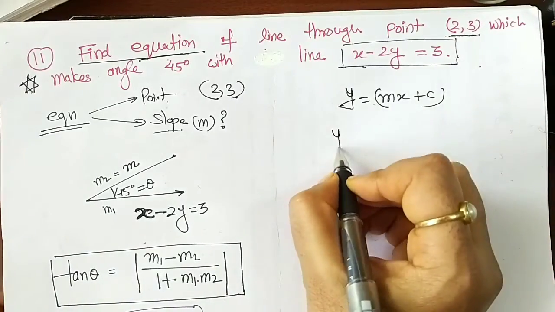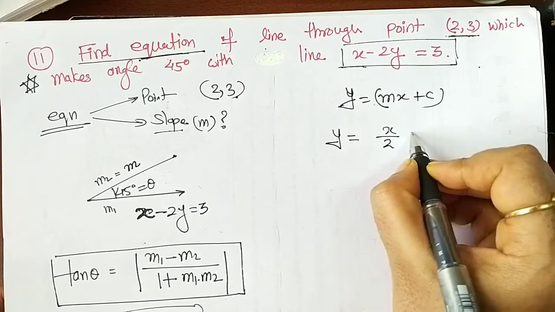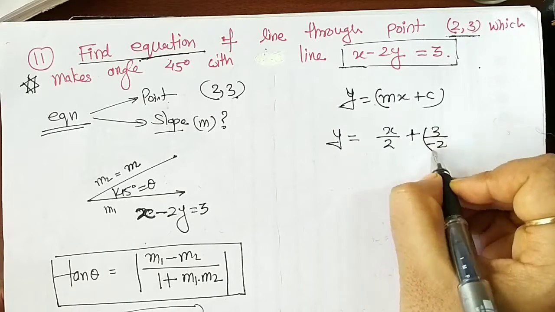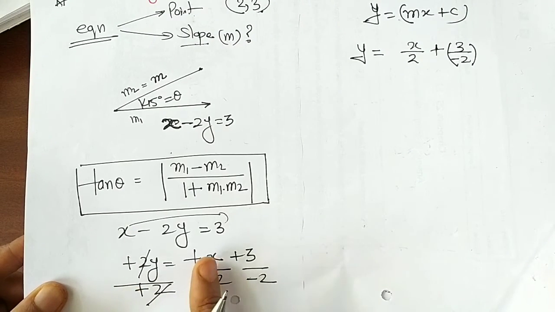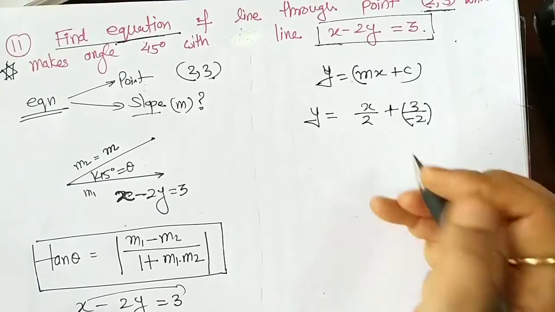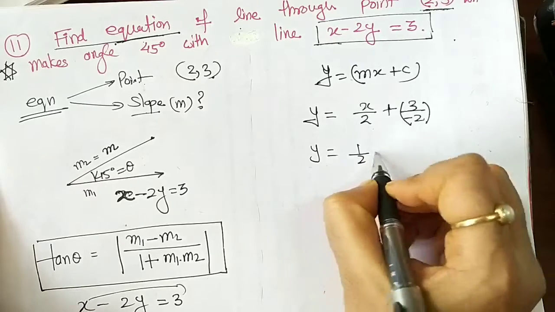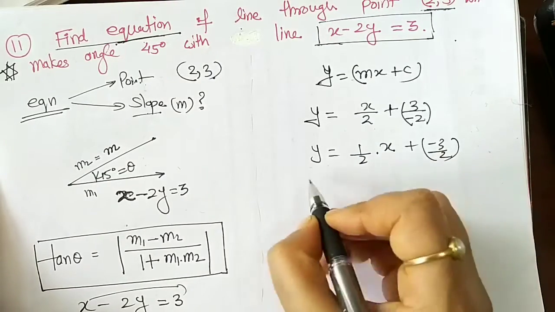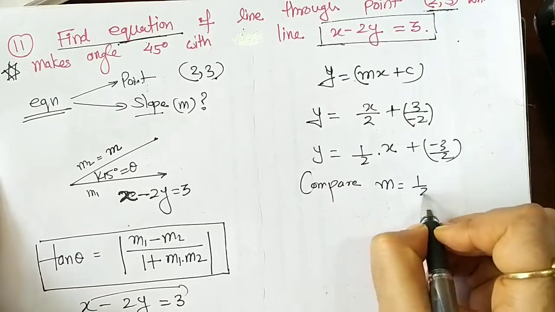So what will I get? y is equal to x by 2 plus 3 by minus 2. Okay, this is what I will get: y is equal to plus x by 2 plus 3 by minus 2. Now if I compare it, if I write it as 1 by 2 into x plus of minus 3 by 2, I am clearly getting m is 1 by 2.